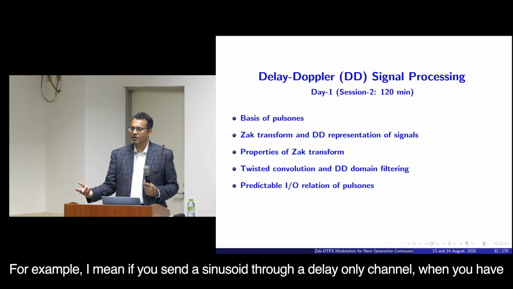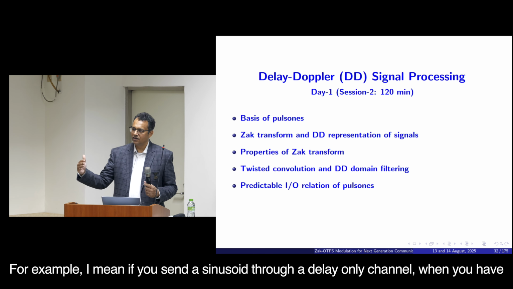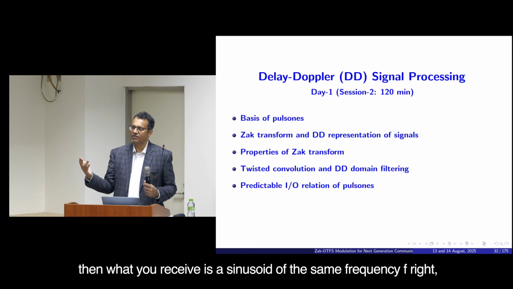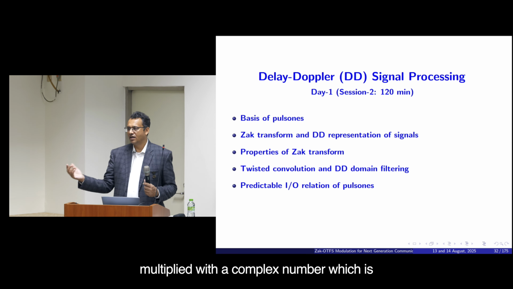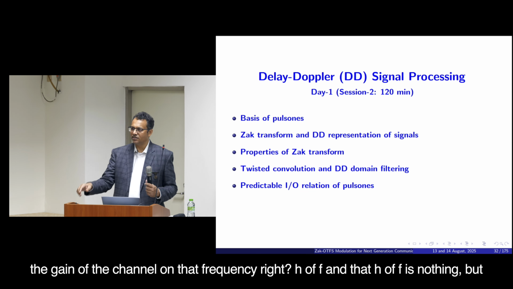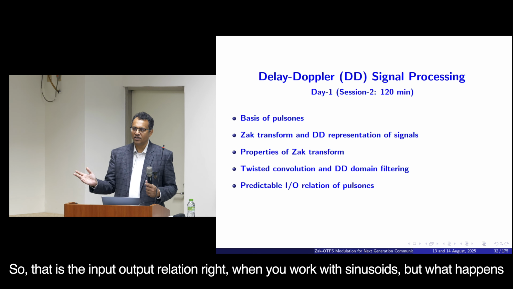For example, if you send a sinusoid through a delay only channel, when you have an LTI channel and you just transmit a sinusoid of some frequency f, then what you receive is a sinusoid of the same frequency f, right, multiplied with a complex number which is the gain of the channel on that frequency, right, h of f, and that h of f is nothing but the Fourier transform of the impulse response evaluated at that f, right. So that's the input-output relation, right, when you work with sinusoids.